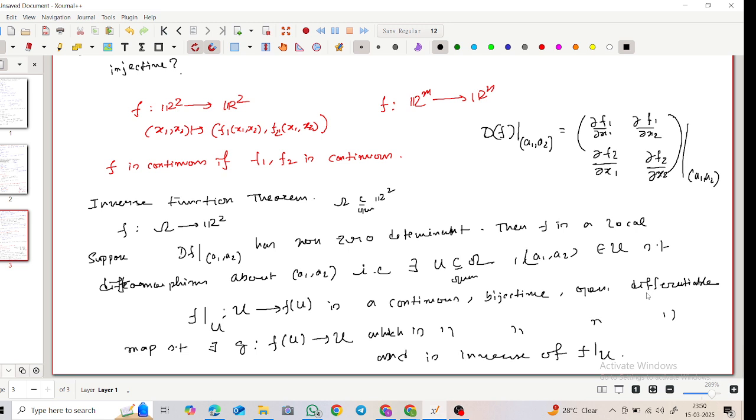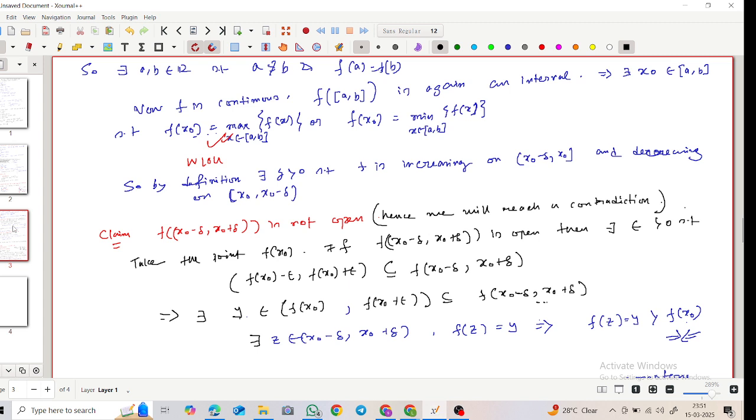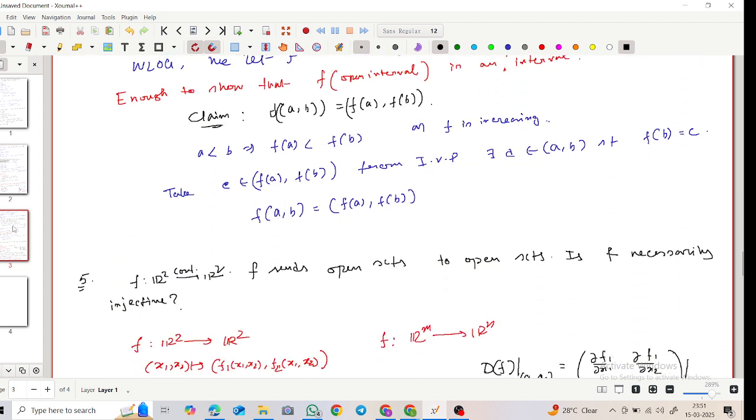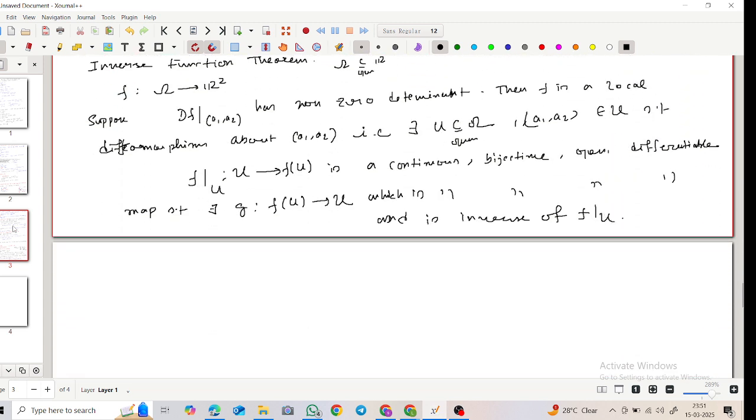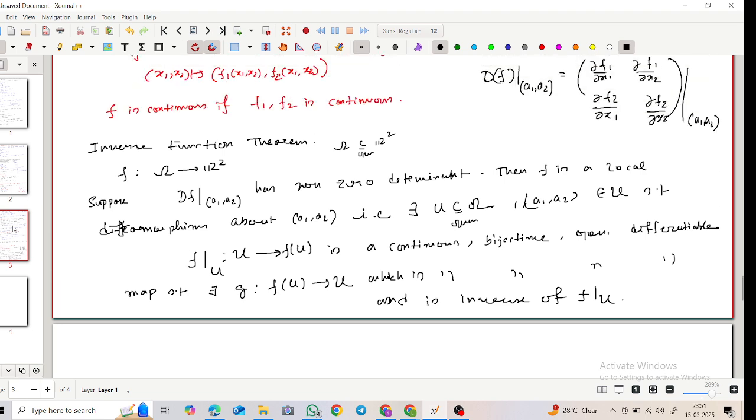That's it. Homeomorphism is a continuous bijection whose inverse is also continuous, and a diffeomorphism means a differentiable bijection whose inverse is also differentiable. So this is true for any Rm to Rn. You can take omega from Rm.